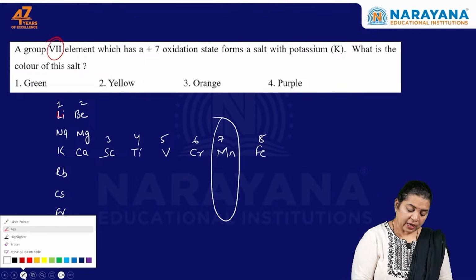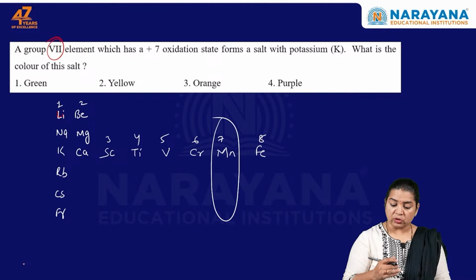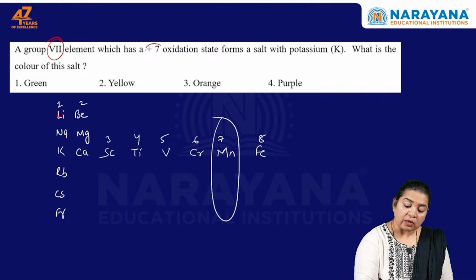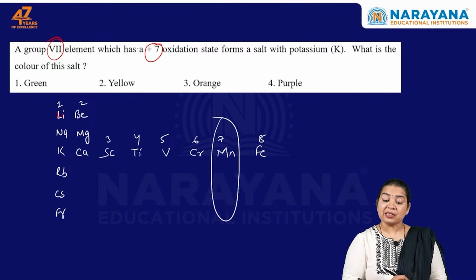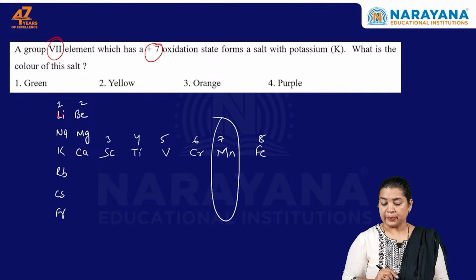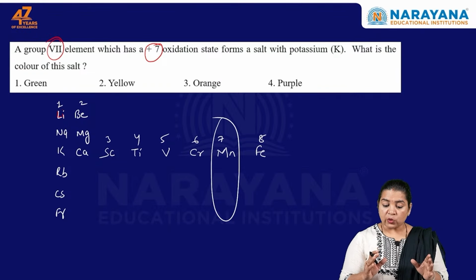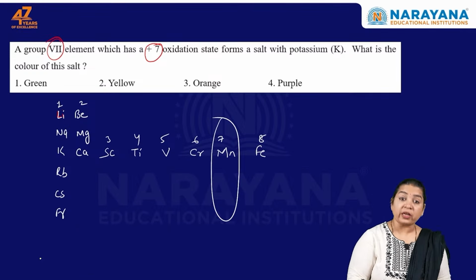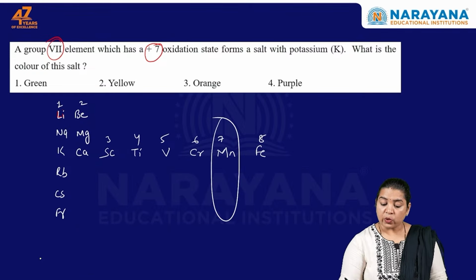Well, there are two different opinions about this question. Some students are saying they have asked for +7, some are saying they have asked +6. Okay? I will tell you the answer for both, so whatever appeared in your paper, you can use.